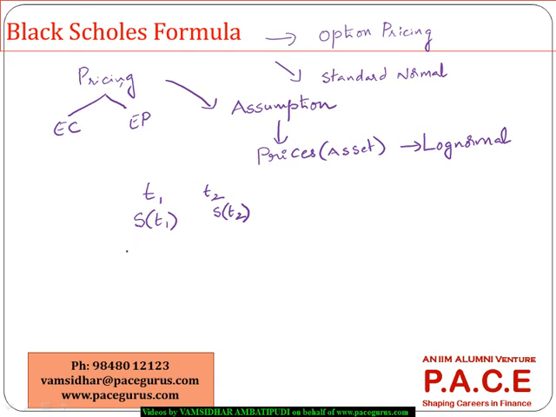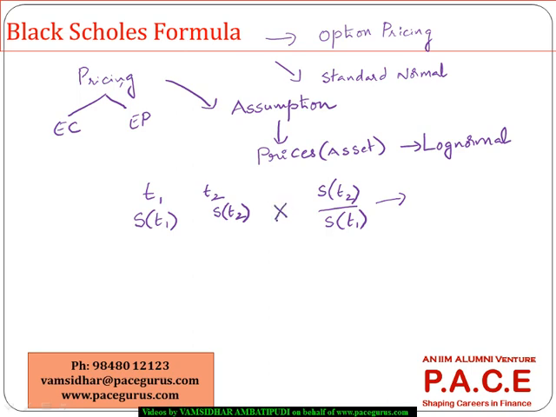Now in this particular scenario, S of T2 divided by S of T1 is a variable.